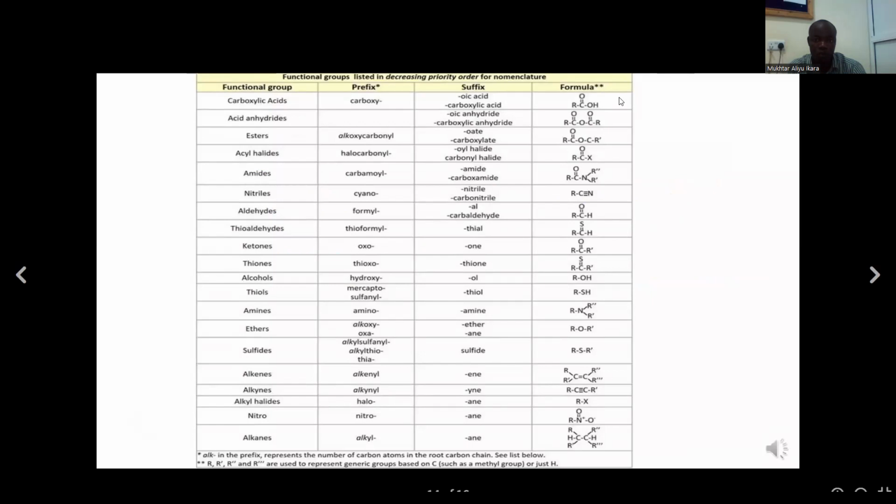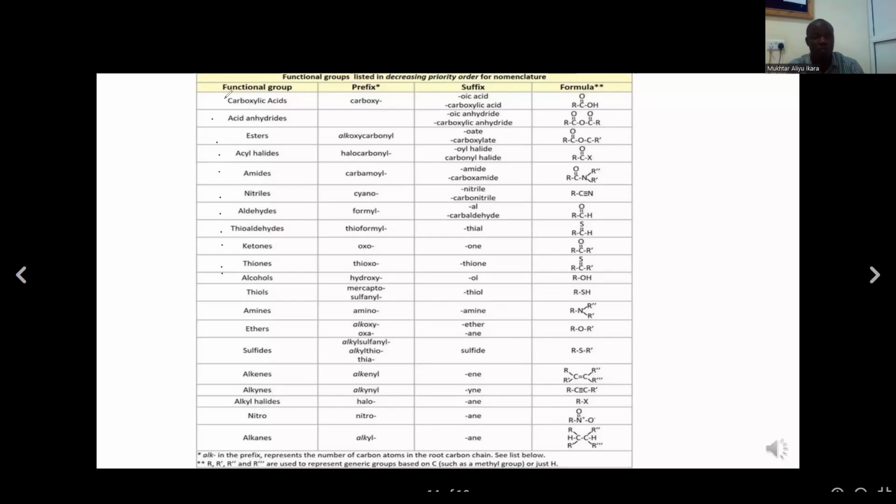Here you will see that we have carboxylic acid. Then after carboxylic acid, we have acid anhydride, esters, acyl halide, amide, nitrile, aldehyde, thioaldehyde, ketones, thiones, alcohol. So you see that the priority is given from top to bottom.